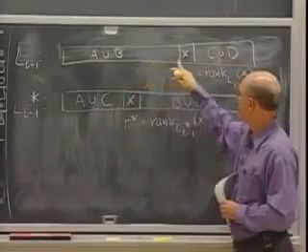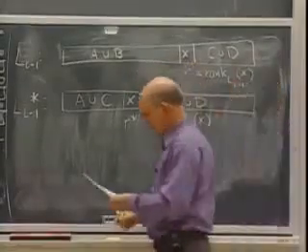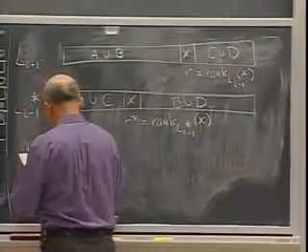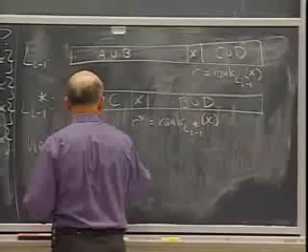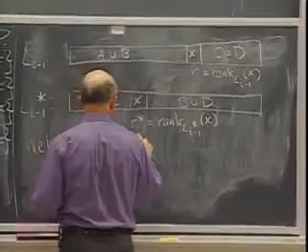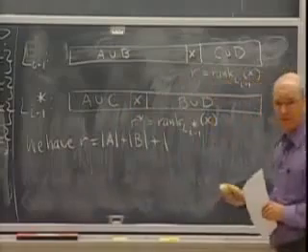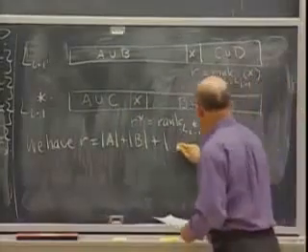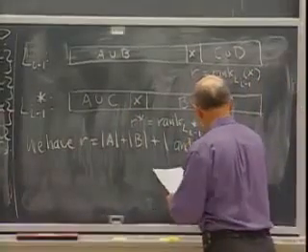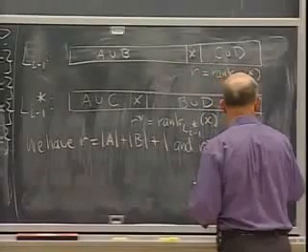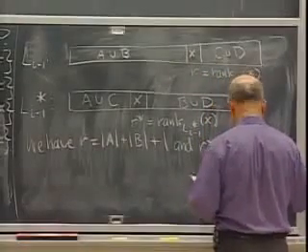The rank R is equal to the size of A plus the size of B plus 1, and R star is equal to the size of A plus the size of C plus 1.